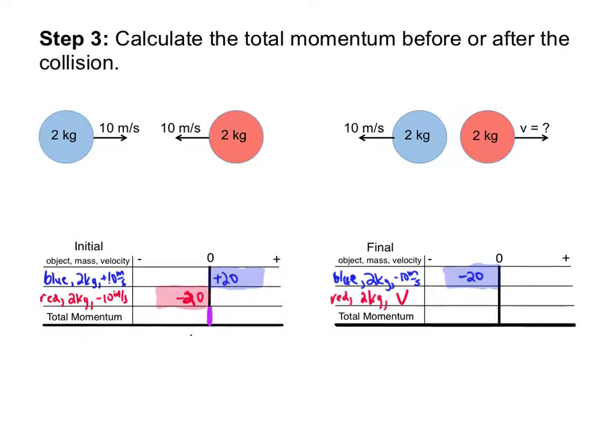So if we add up positive 20 to negative 20, we find that we have 0. If I have a zero momentum, what I'll typically do is bolden the zero there just to show that the momentum there is zero. Okay, so that's all we have to do here. We can't really move on based on what we have.